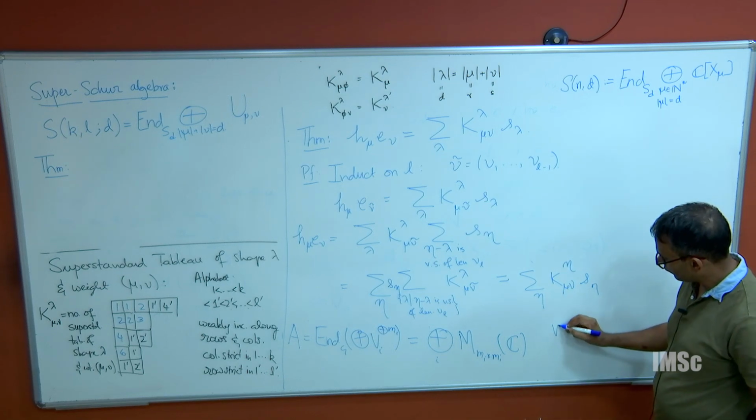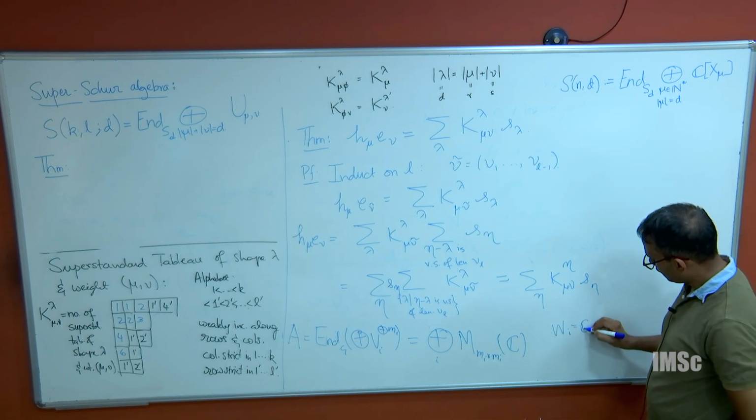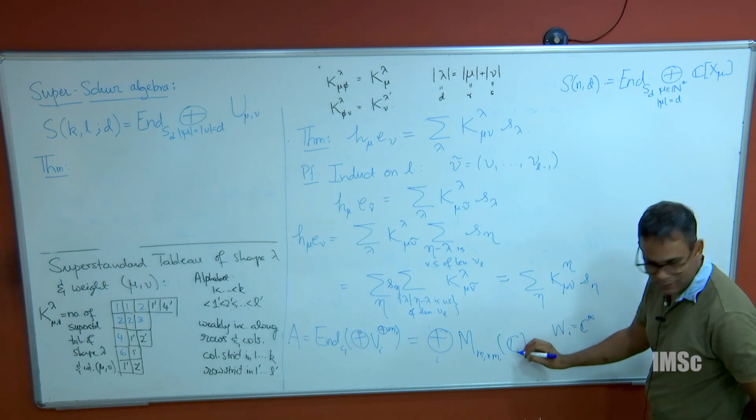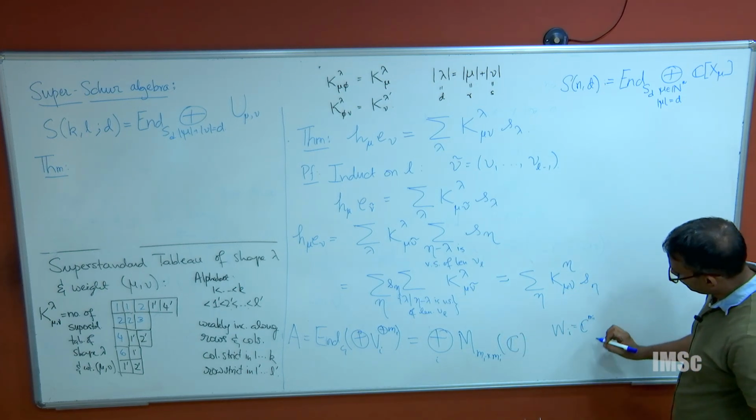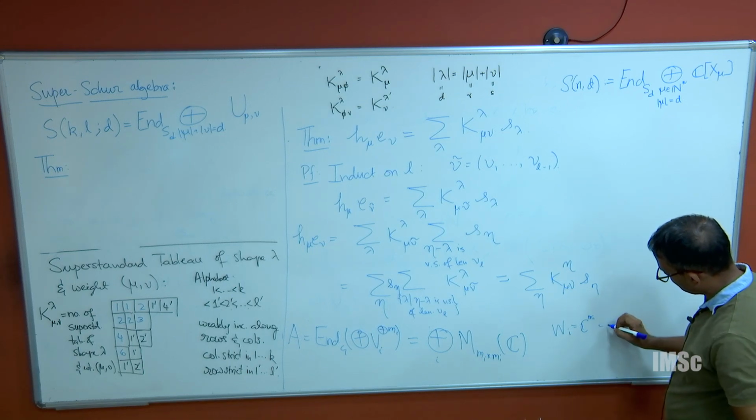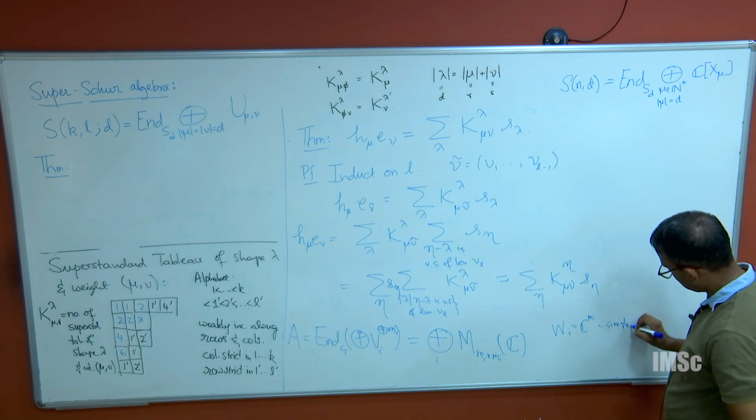So, if you write Wi to be C to the power mi, the C to the power mi that is here, then these are the simple A modules.